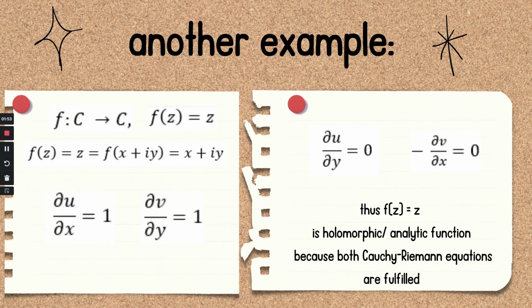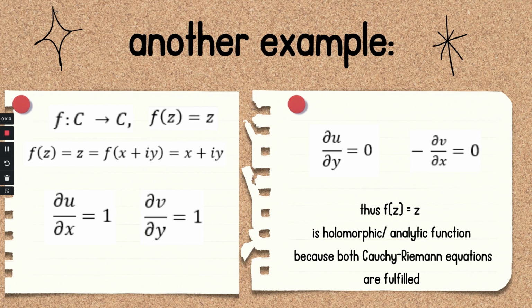Now, let's have another example. Let's take the complex function f from C to C, given as the identity function f of z is equal to z, which means that the number z is simply mapped into z again. Now, because we want to deal with partial derivatives with respect to x and y, we have to write z as x plus iy.